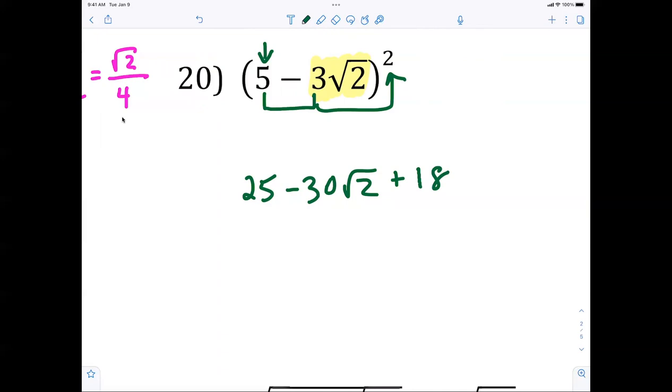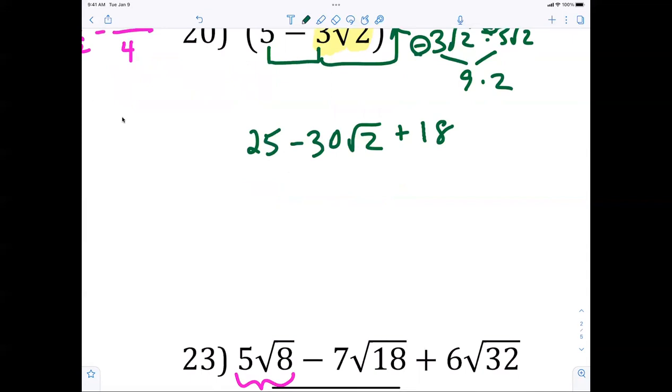Avery, are you good with that being 18? Yeah, can you explain? 3 radical 2 times 3 radical 2. What's 3 times 3? 9. What's radical 2 times radical 2? 2. So 18. Yes. And don't forget, they're both negatives though, right? So now 25 plus 18.